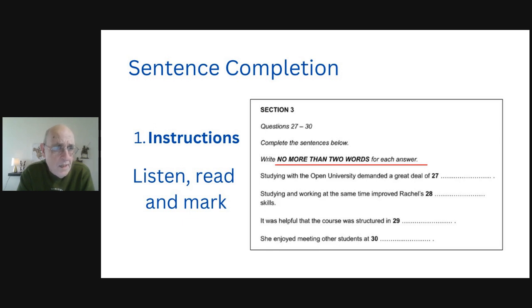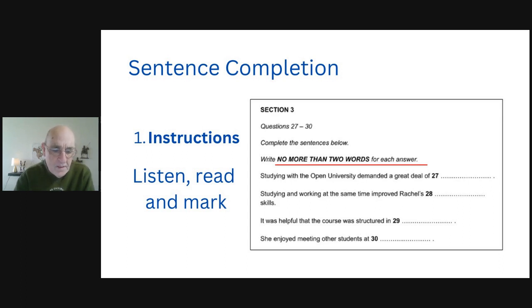So you would clearly hear in the instructions that in section 3, you always have a group of people or a group of students working together on a project. So you're going to be listening to a conversation that involves more than 2 people. And this is a good thing to be aware of. And that's why it's important to listen to the instructions as well as to read them.